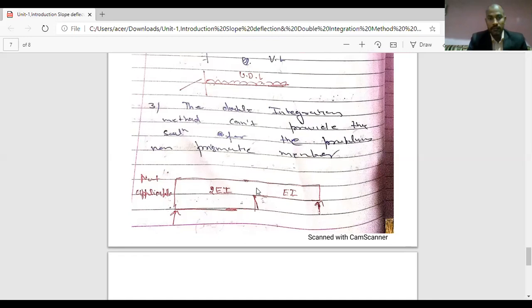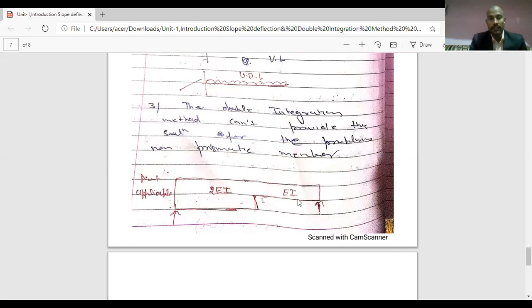Here, for half span the EI value is 2EI, and for the other half span the value is EI. It means the EI varies. Here 2EI and here EI. So that's why we can't use the double integration method.